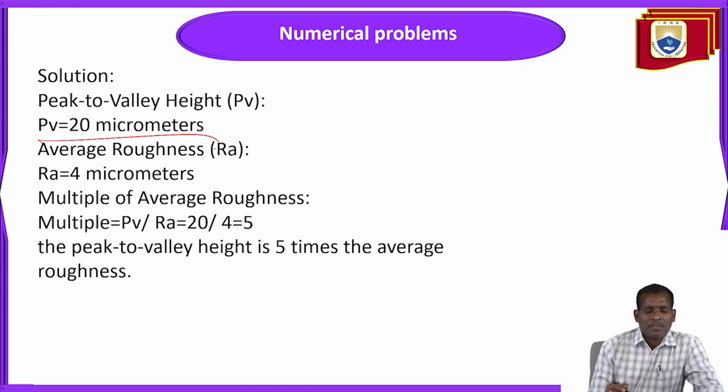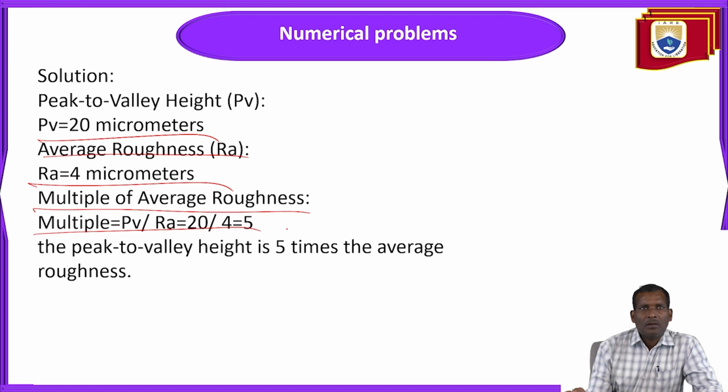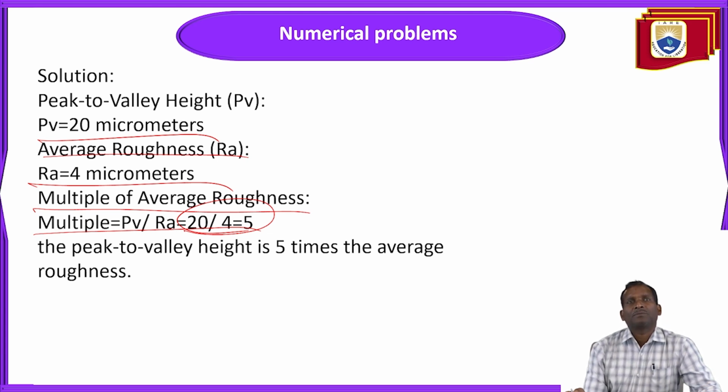The average roughness value is 4 micrometers. For the multiple of average roughness, the peak to valley height upon the average roughness is 20 upon 4, so the multiple is 5.